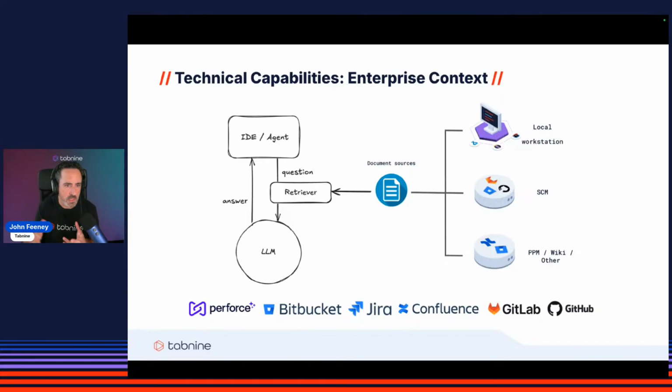So these code repos are a great source for context. But also anything that's related to the work that the developer is doing, like Jira tickets, or any kind of document like a HLD, LLD, coding standards, system requirements, anything that's on Confluence or SharePoint.